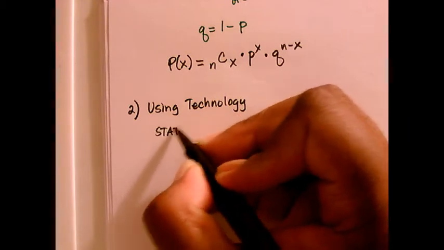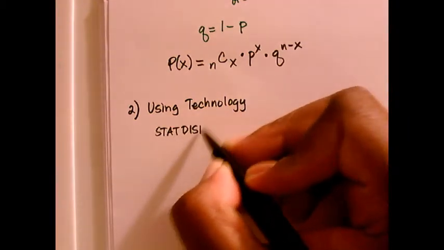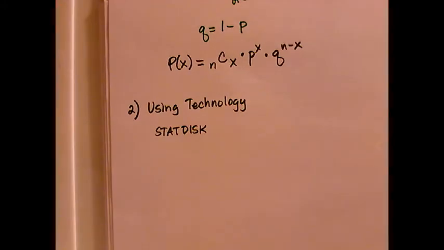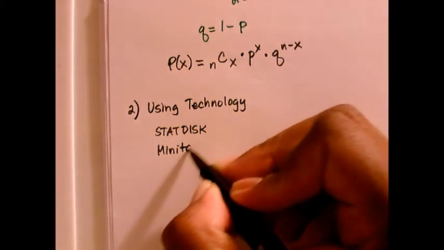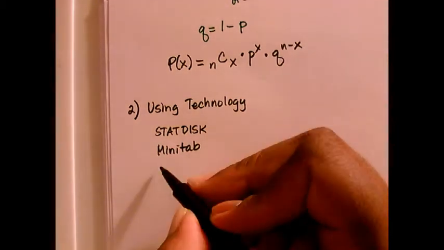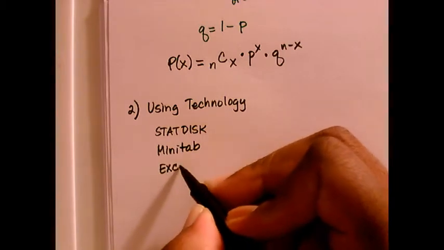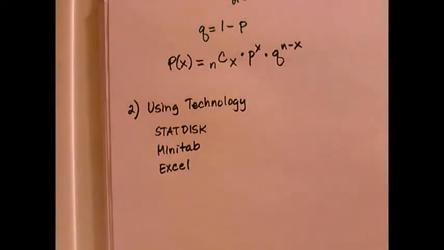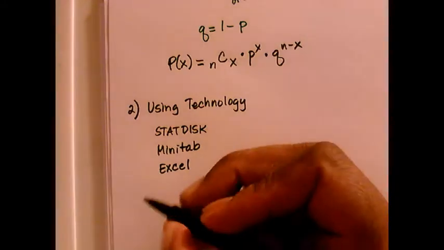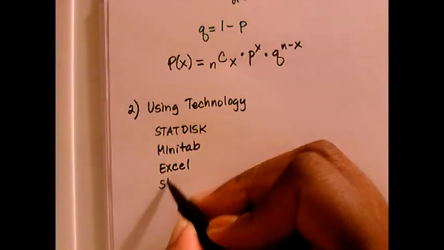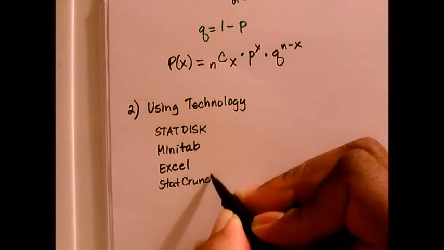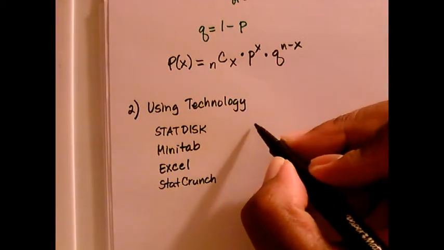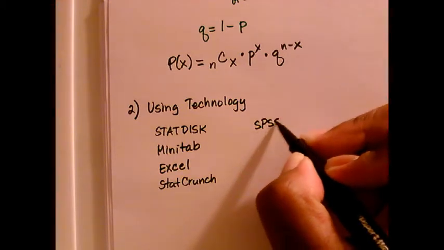Okay, and for those of you who are taking my class, we know that you can use StatDisk. Also, Minitab can be used. Microsoft Excel does binomial probability distributions. StatCrunch is another software that you can use. Also, SPSS.